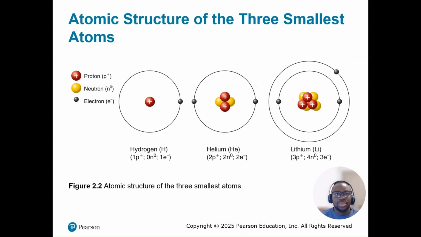This figure shows that atoms of different elements differ in the number and type of subatomic particles. A hydrogen atom has one proton and one electron, but no neutrons. A helium atom has two protons, two electrons, and two neutrons. A lithium atom has three protons, three electrons, and four neutrons.